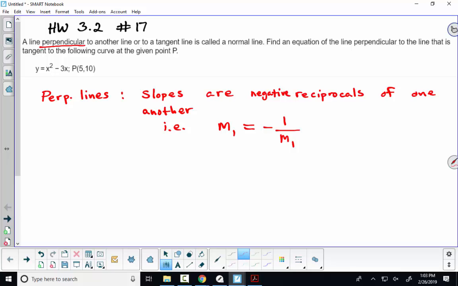You're long forgotten. For example, y equals 2x minus 3. We'll say this is y1, and y2 is negative 1/2 x plus 12, I guess. Those two lines are perpendicular.